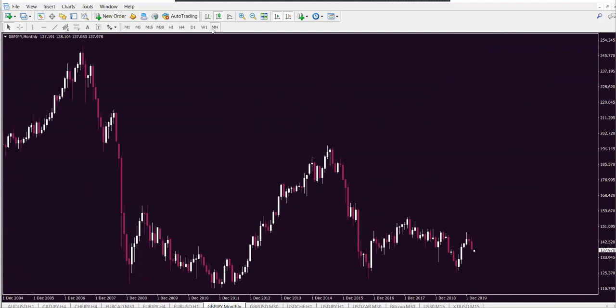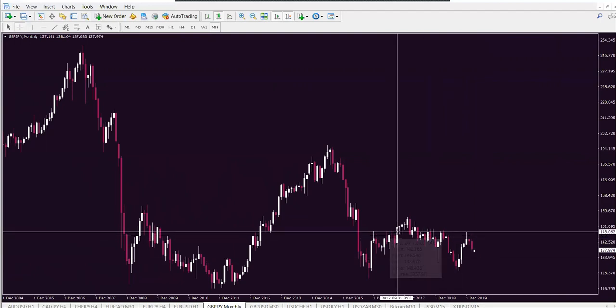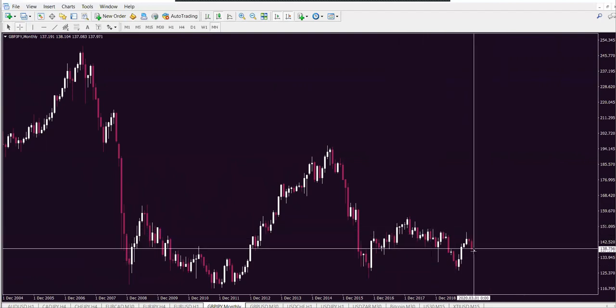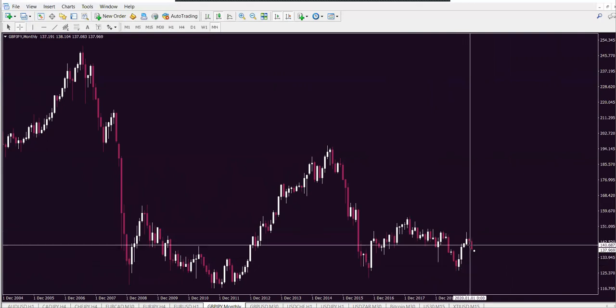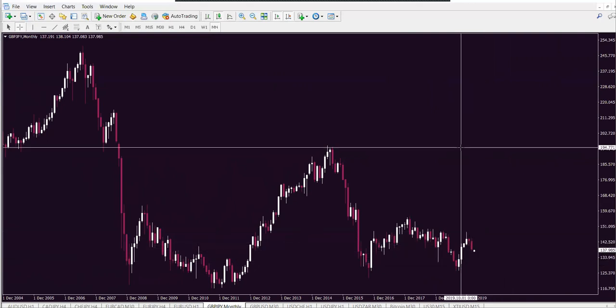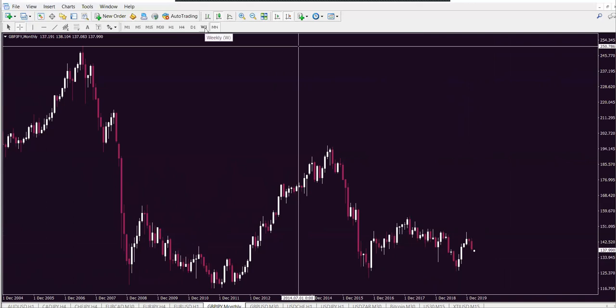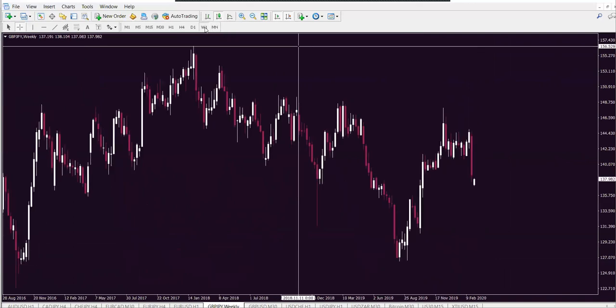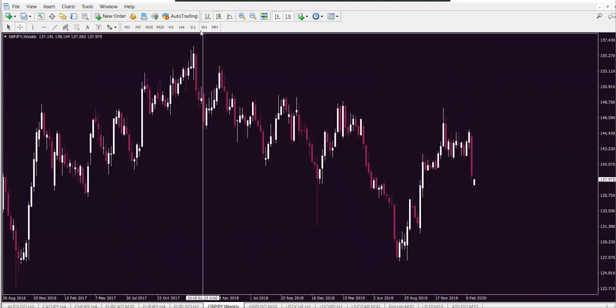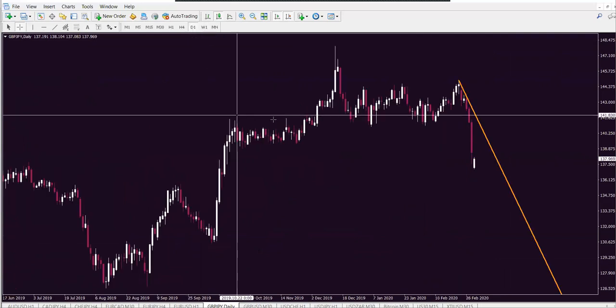Now GJ. Monday got a bullish run and some form of resistance right there. Let's see weekly, daily.